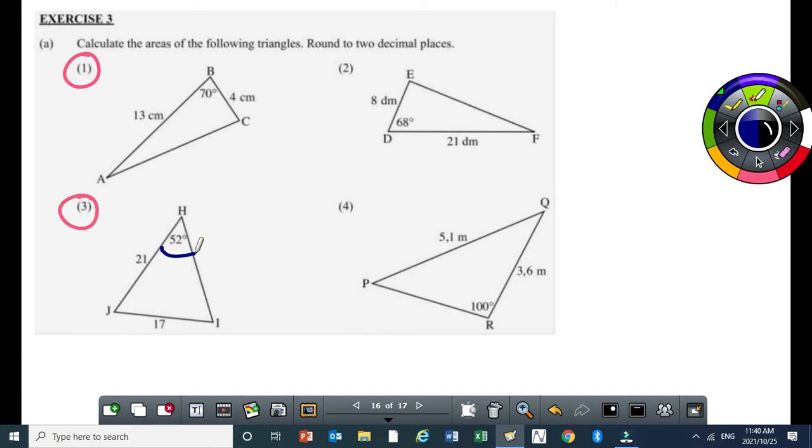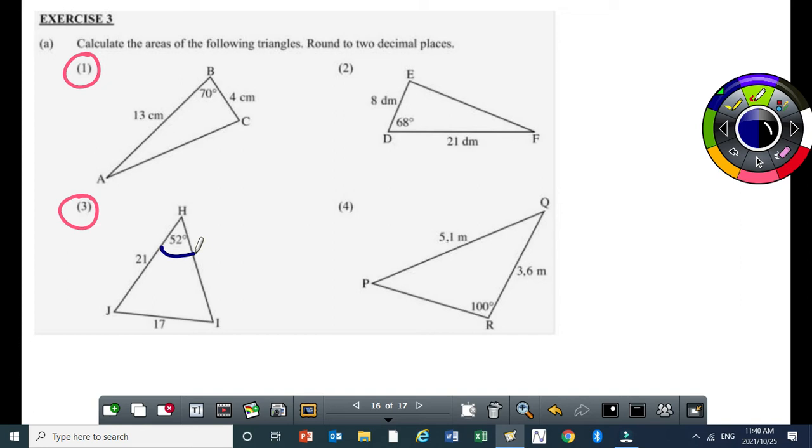To calculate it, we have to use first the sine rule, or if possible, the cosine rule. But let's start with the sine rule. We can't find the area of this triangle without knowing the length of IH.